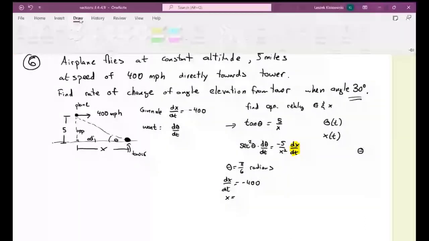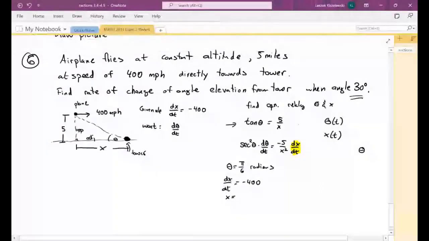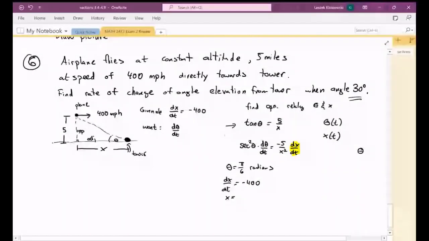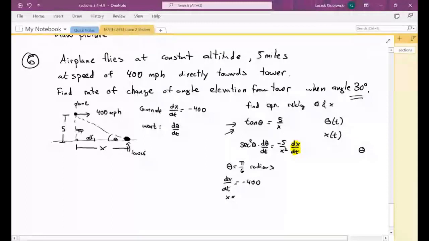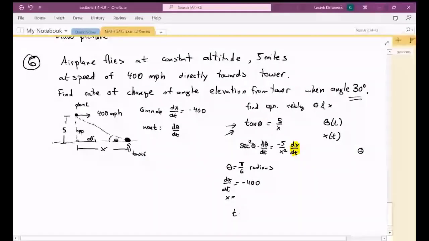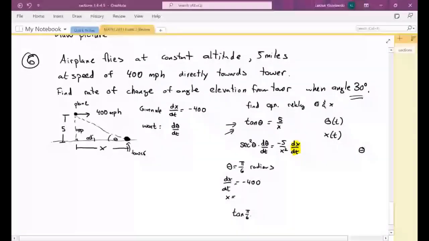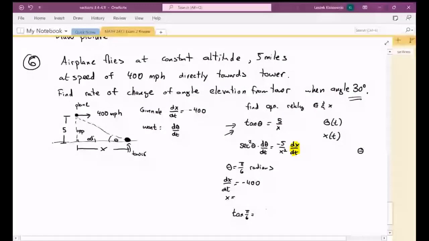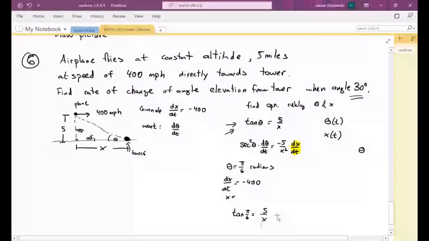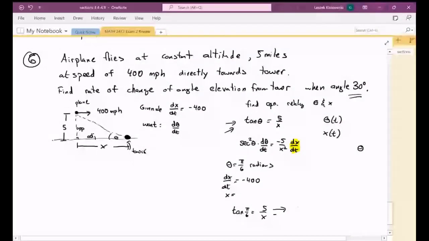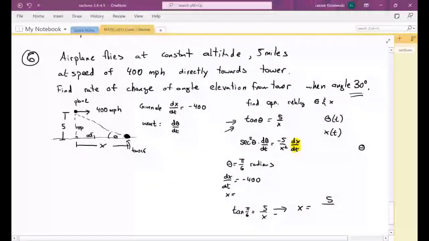Yeah, you make a detour back to the original equation relating the variables. All right. So when theta is pi over 6 or 30 degrees, x would be what? What's tangent of pi over 6, by the way?